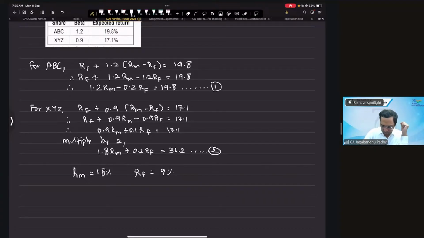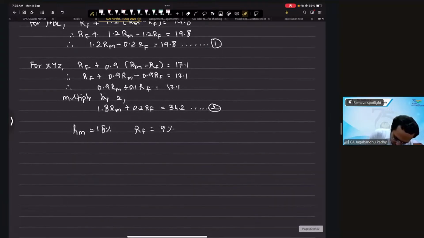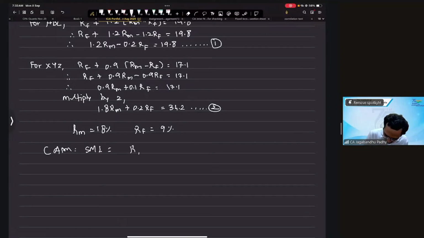You can substitute this 18% in any of these equations. So 1.8 into 18 plus 0.2 RF is equal to 34.2. Yes, RF is 9%. So our CAPM, or the securities market line, is RF plus beta into (RM minus RF).